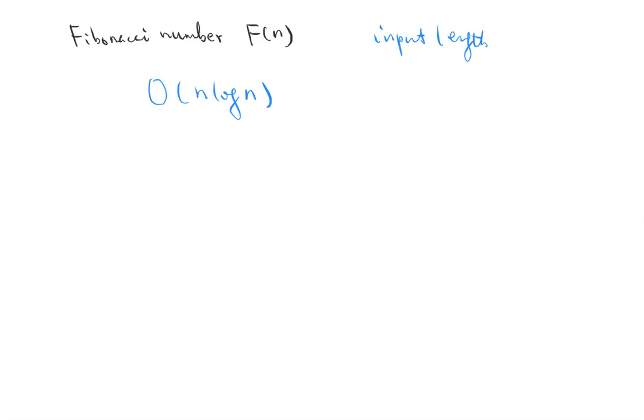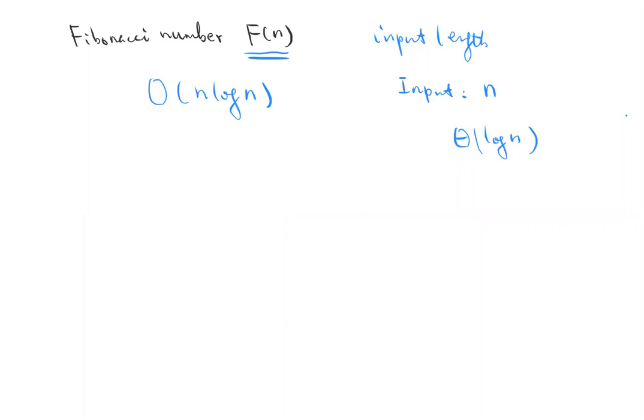To compute this, the input is n. So what's the input length of n? It depends on how we encode the number n. But regardless of whether we encode it in binary or decimal, its length is proportional to log n.